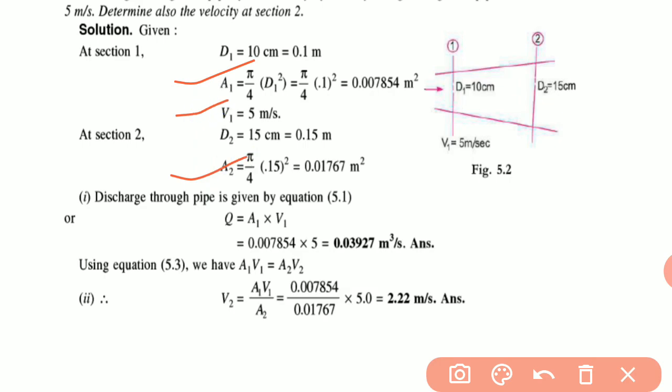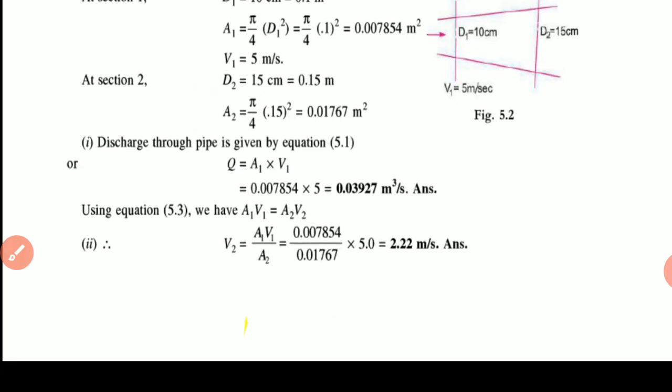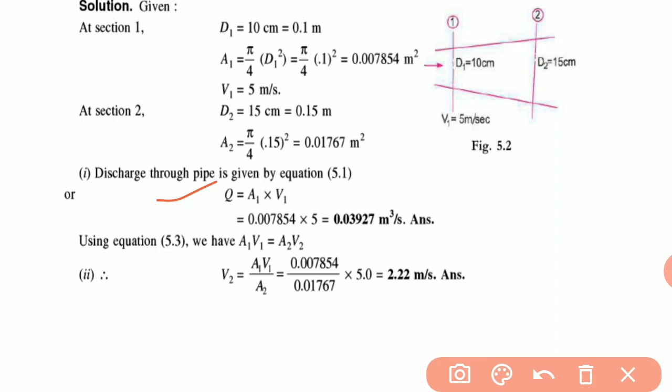We are given V1, the velocity at the first point, as 5 meter per second. Now the discharge through the pipe is given by the equation Q equals A1 into V1. So we know A1 and V1, and we get the discharge at the first position. Now by using the continuity equation, A1 V1 equals A2 V2.